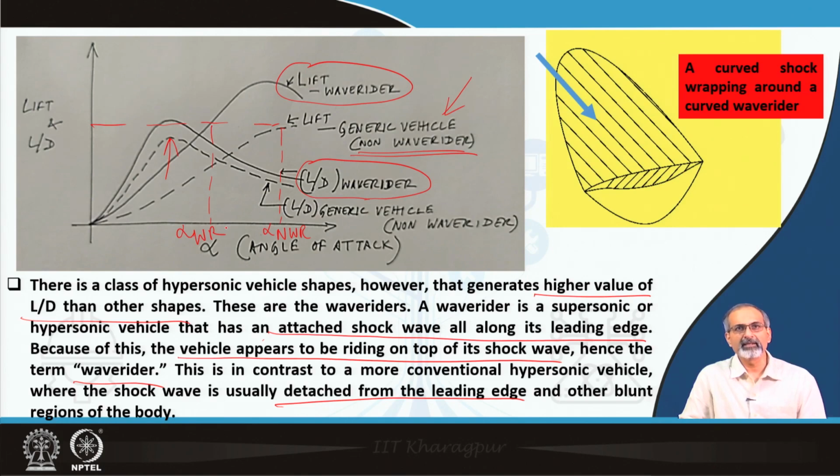The other penalty that happens due to that is that the L by D ratio for the wave rider for that particular lift requirement will stand over here, while correspondingly for that alpha the L by D of the non-wave rider will also be lesser than that of the wave rider.